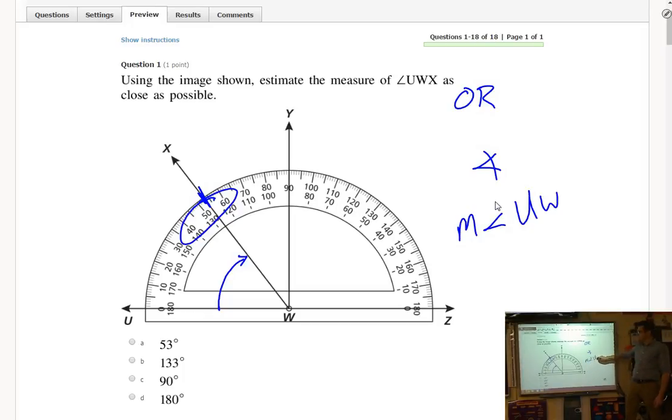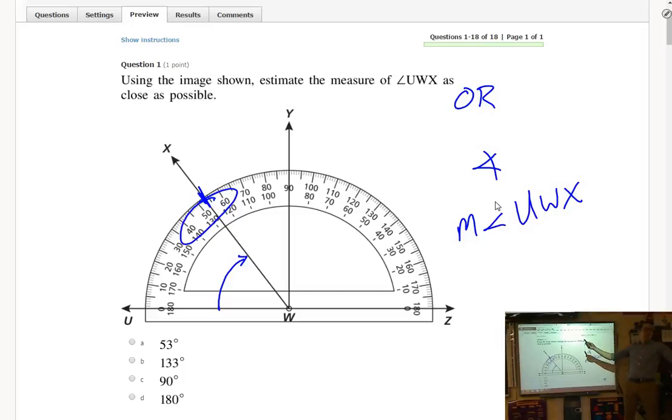On Schoology I don't always, the symbols are a little bit harder to work with, so when I'm writing it, I'm writing it different ways than Schoology might show it. This means the same thing as this. Oh. This is just a way to write it without the M. So this means the size of the angle. This means the measure of the angle, which means its size. So yeah, these are the same thing.